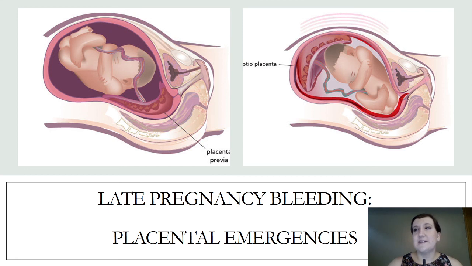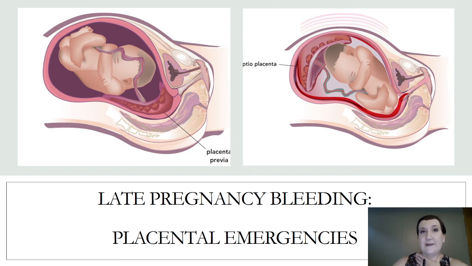severe, or concealed. A concealed placental abruption is really, really bad, because essentially the outside of the placenta still adheres to the uterine wall, but the remaining portion of it, like an upside down bowl on a surface, is just filling with blood.